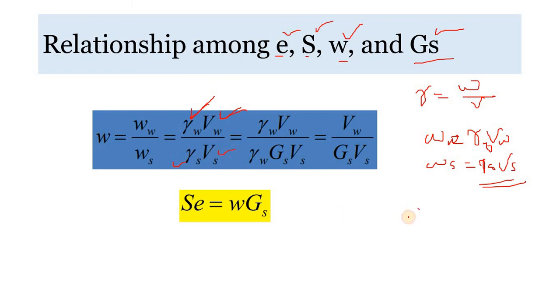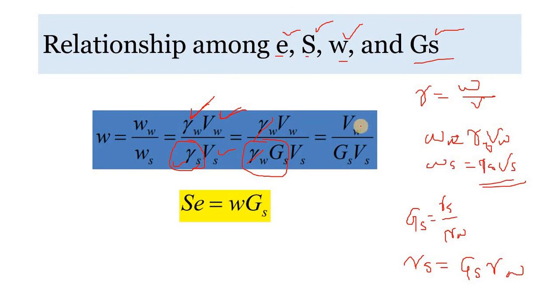As we again know that G is nothing but specific gravity of solids, it is unit weight of solids to the unit weight of water. So unit weight of solids is nothing but GS gamma W. Okay, so unit weight of soil we can write as gamma W GS. आता हा gamma W आणि हा gamma W गेला.